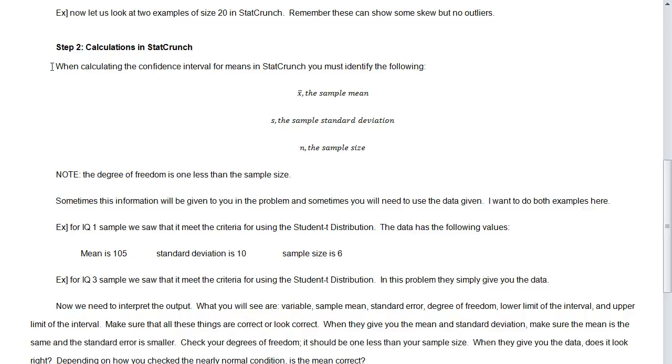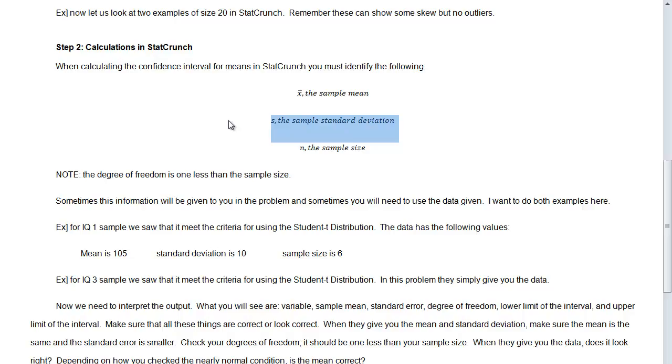But basically, whenever you're calculating the confidence interval for means, you have to identify the following. You have to know what the sample mean is, your X bar. You have to know what your sample standard deviation is, your S. Now remember, if you know sigma, you should be using z-scores in the normal model.